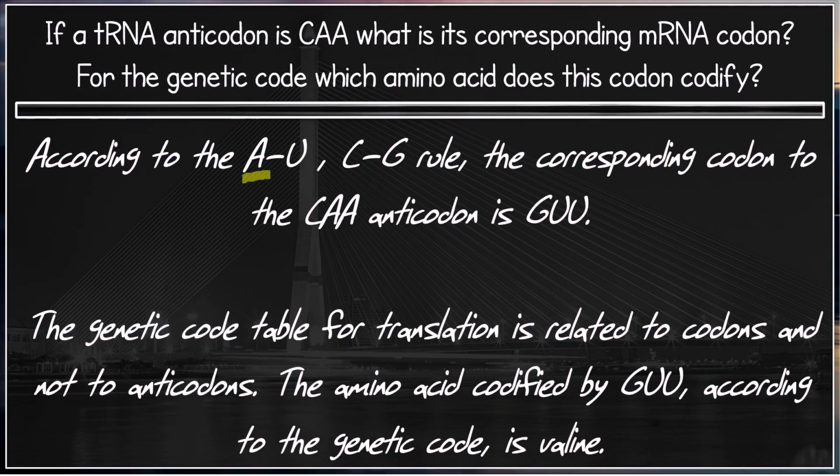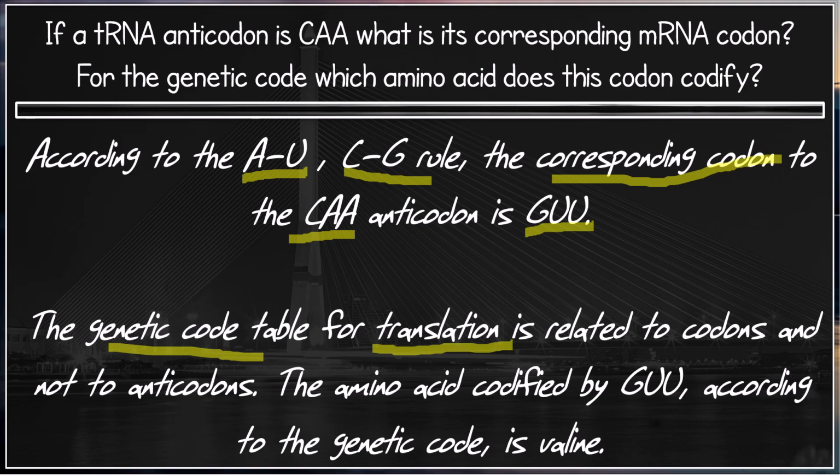According to the adenine-uracil, cytosine-guanine rule, the corresponding codon for the cytosine, adenine, adenine anticodon is guanine, uracil, uracil. The genetic code table for translation is related to codons and not anticodons. The amino acid codified by guanine, uracil, uracil according to the genetic code is valine.